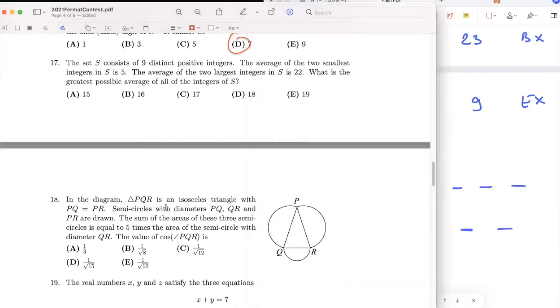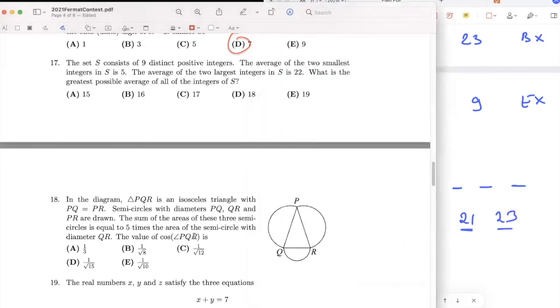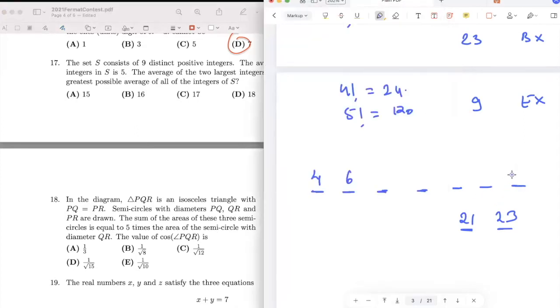And for the largest two, the average is 22. So let's say 21 and 23, right? Now I need to make the greatest possible values of the remaining. So then I should start with 20, 19, 18, 17, and 16, right? Because that will make the sum greatest. I've taken all the large numbers, given that I need to be less than 21, correct?